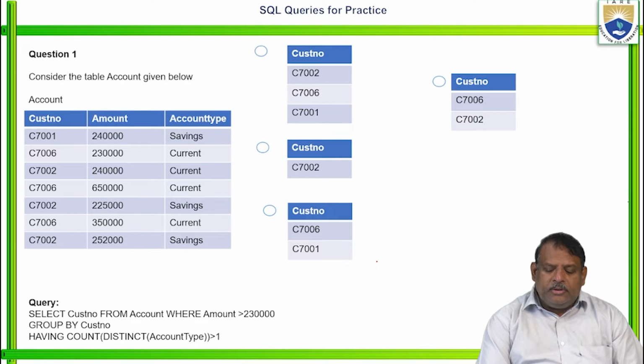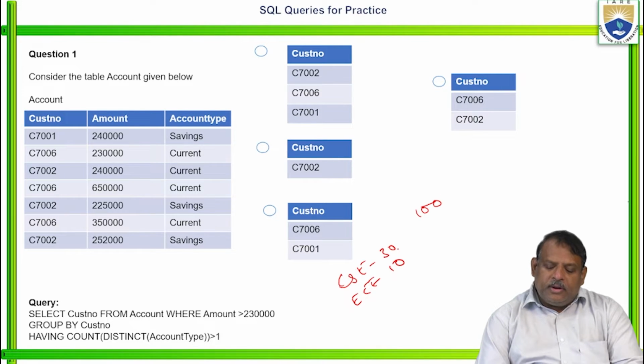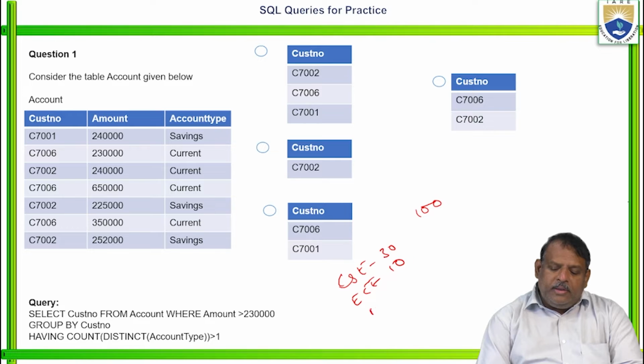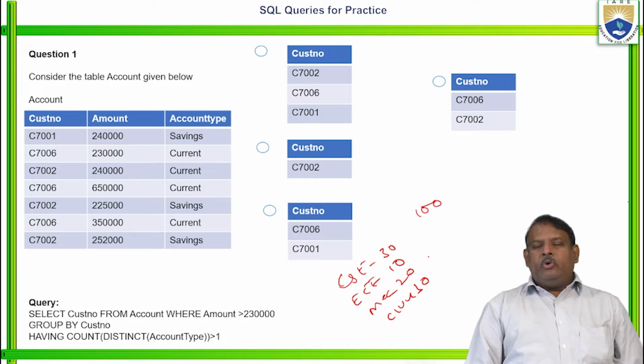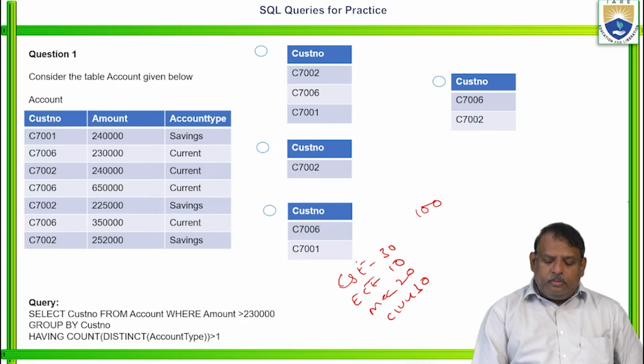For example, CSC will have 30, EEE 10 out of the given 100 students, ECE is 30, mechanical is 20, civil 30, etc. So we want to group our data.